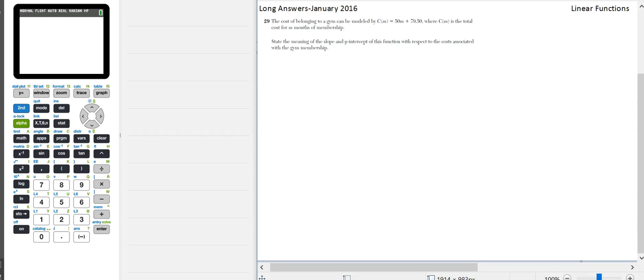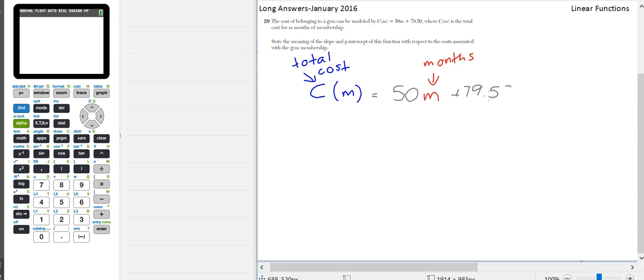We have C of M. They told us it's the total cost for M months of membership. C of M is equal to 50M, and M they told us represents months, plus 79.50.